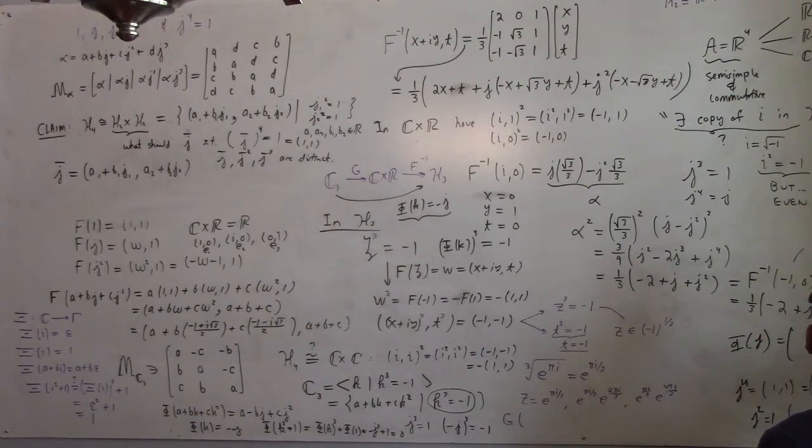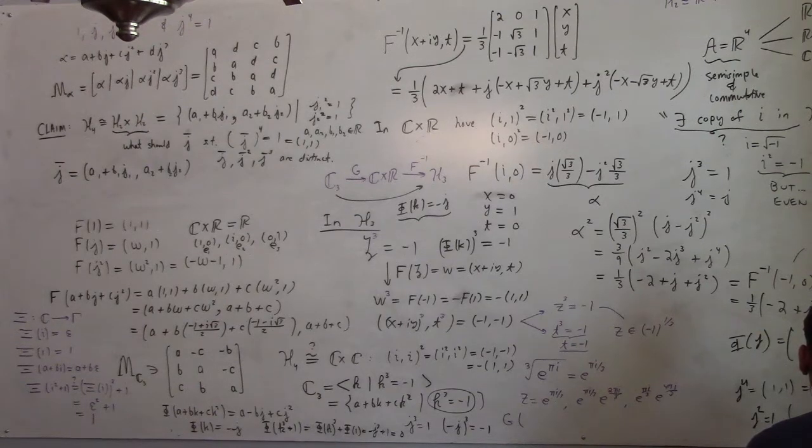If we do C cross H, then it better be I comma J. Yeah, that would work. Because then square it, you get -1, 1. If you cube it, you get -I, J, and then if you do the 4th power, you get 1, 1. So I believe that's the one.